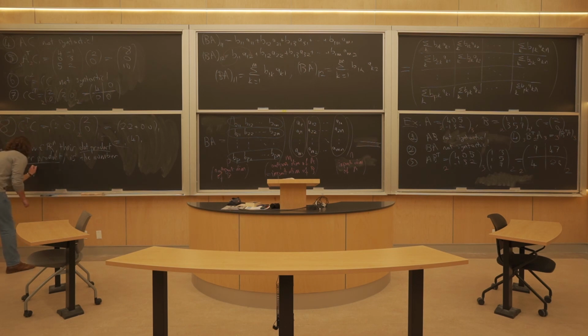So V transpose W. We do it this way. And so what is this? Using our notation, it is the sum for k running from 1 to n, because these are n-dimensional, of V_k W_k. Okay? This is the inner product, or dot product.